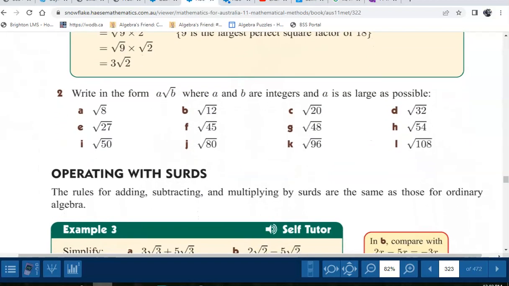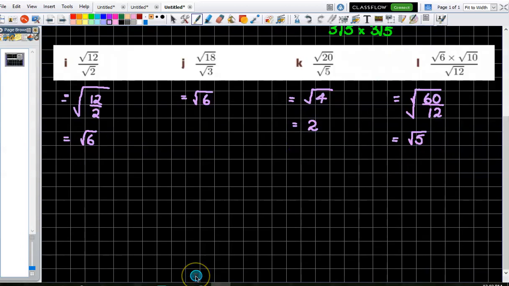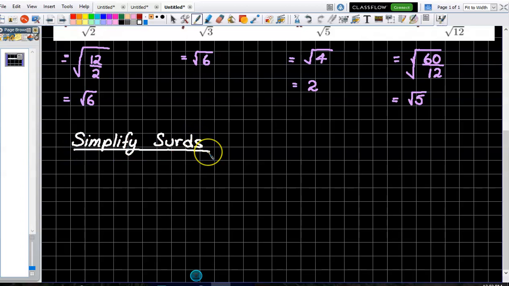All right, who remembers how to simplify surds? Who can tell me, if you can explain it, that would be fantastic. How do we simplify a surd? Hang on. Tom had his hand up before, and then we'll go to you, Dill. So go, Tom. Okay, that's right.